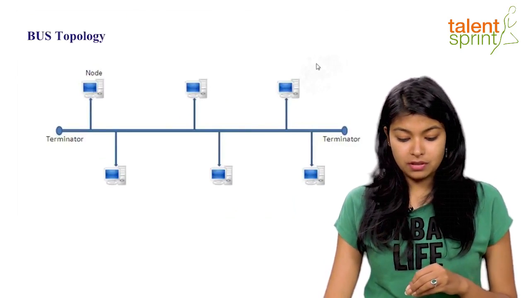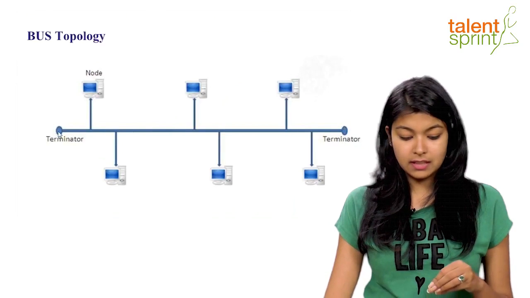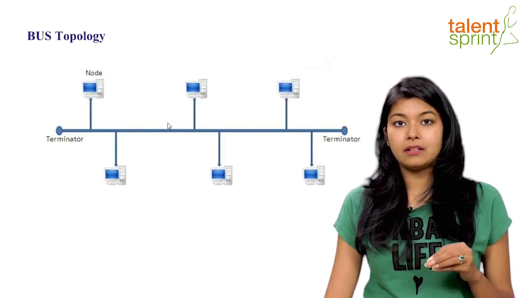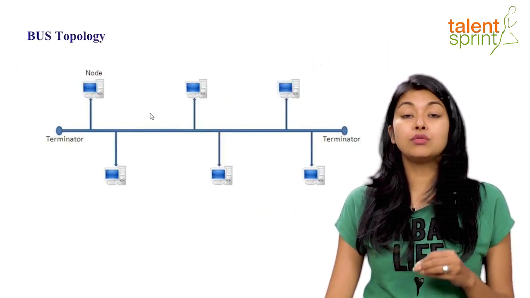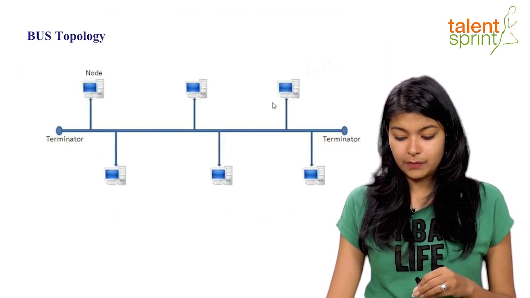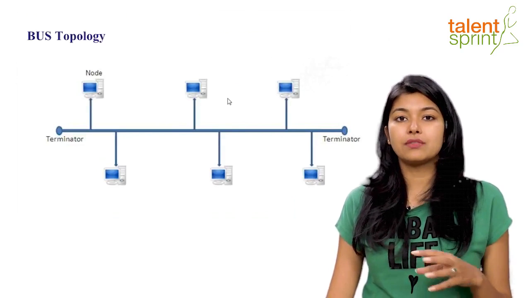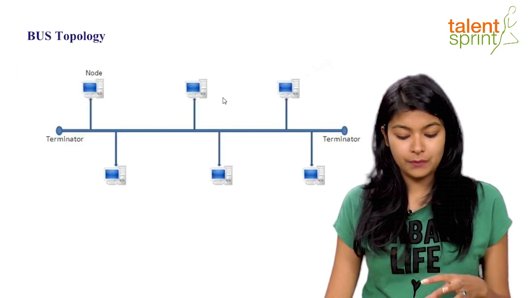In a bus topology, each computer is connected to this main line. You see a single main line running, and all the computers that need to be on the network will be connected to this main line. Through this main line, they'll share their resources and transfer data to each other.